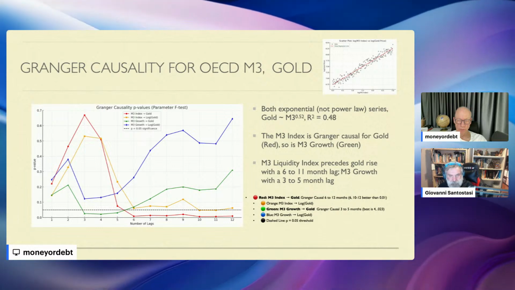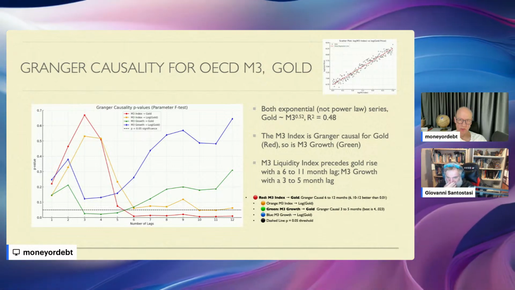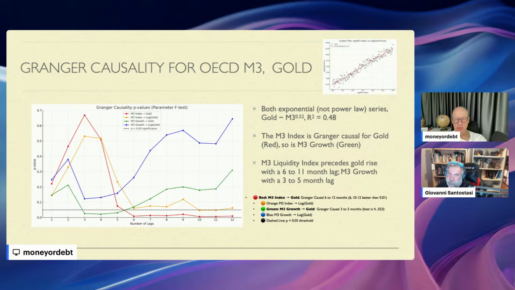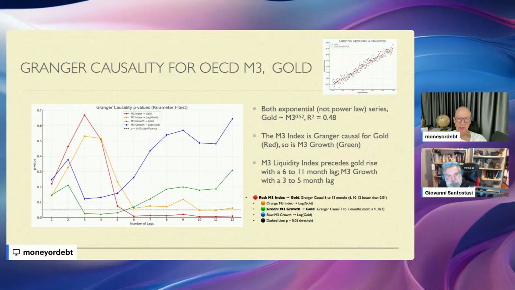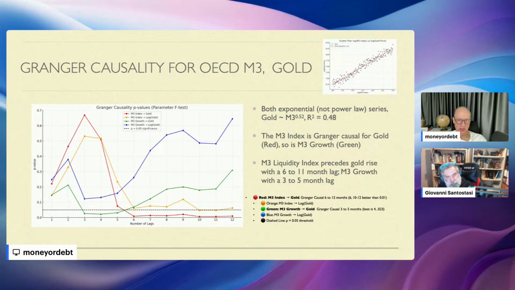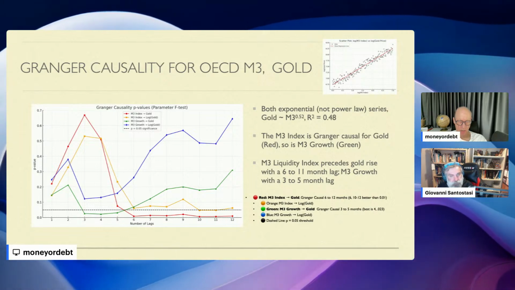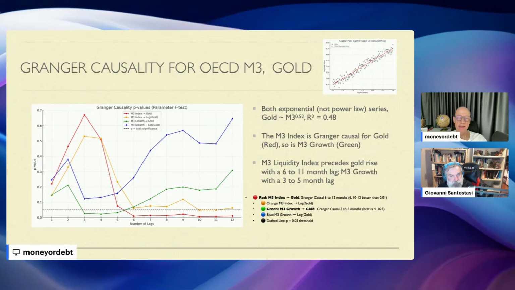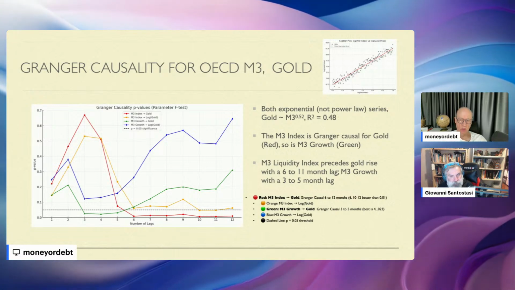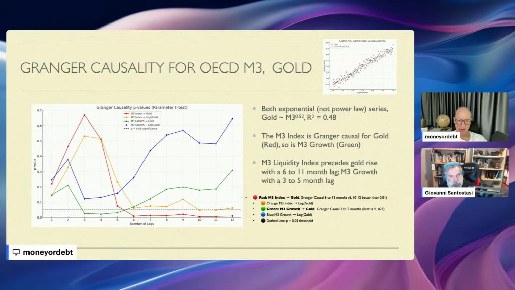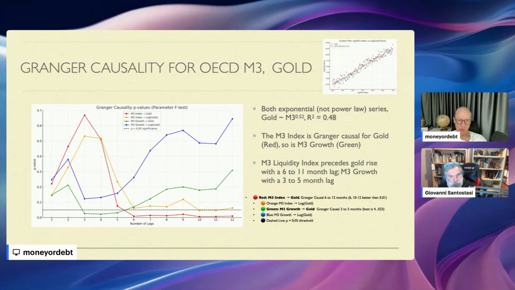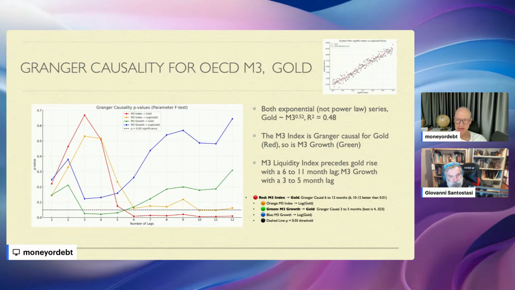The base M3 index versus gold price, the M3 index versus log gold price, the growth, which is the year-over-year change in M3, and how much, leading gold, and then the M3 growth leading log gold. And the number of lags is just months. So we're looking at lags between 1 and 12 months on the x-axis.